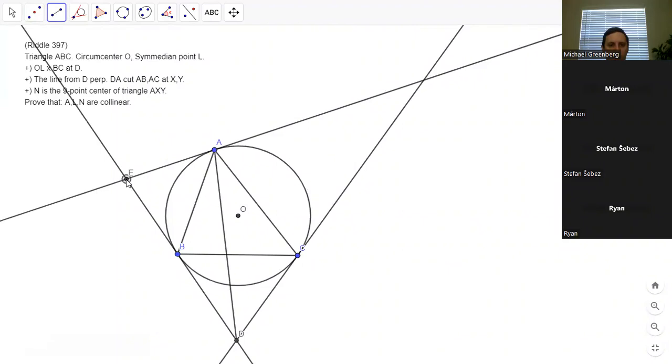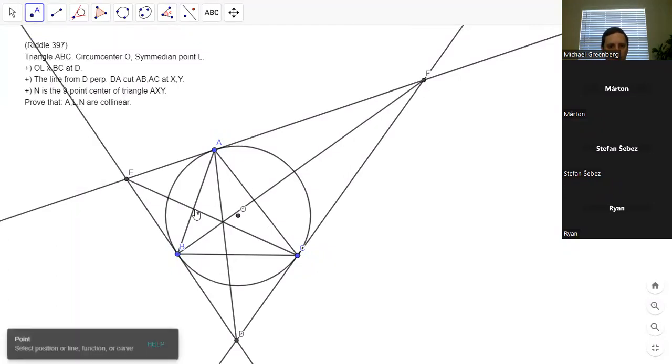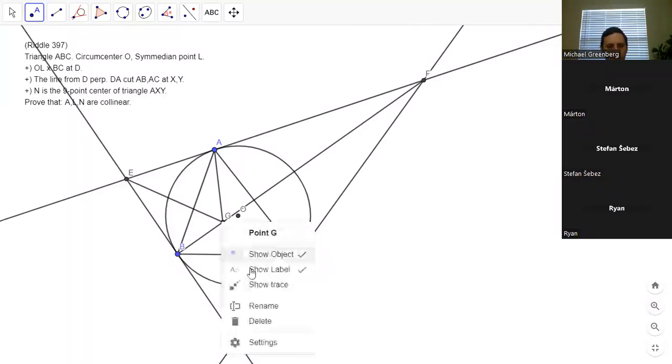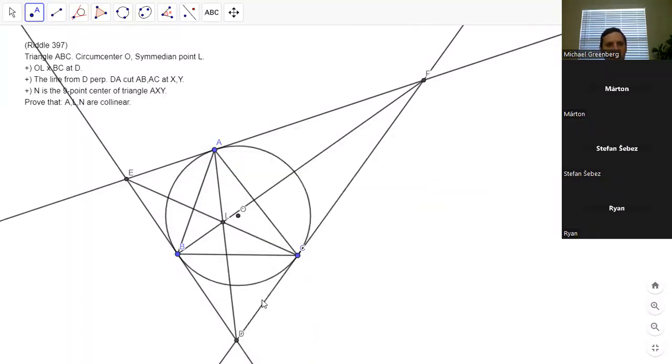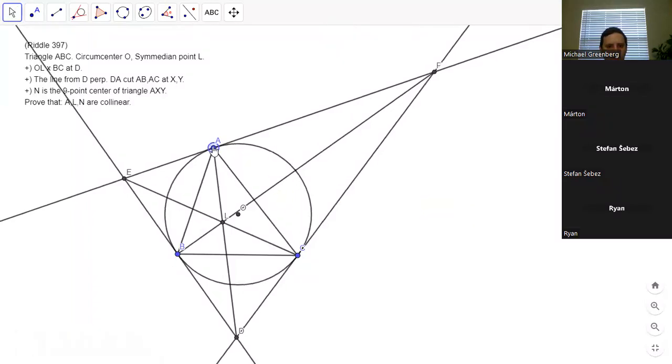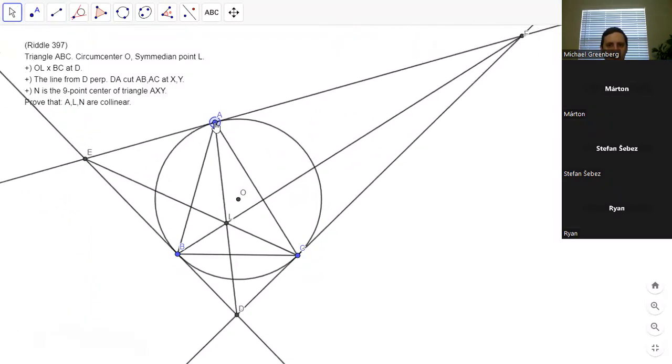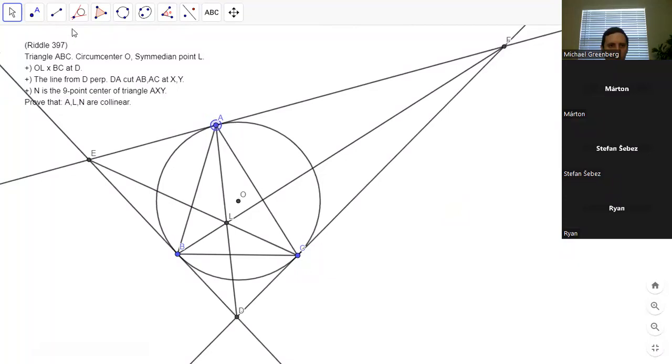So I'm gonna have to rename some of the points. So this is L. And OL intersects BC at D. And we already have a D, so I'll rename stuff.